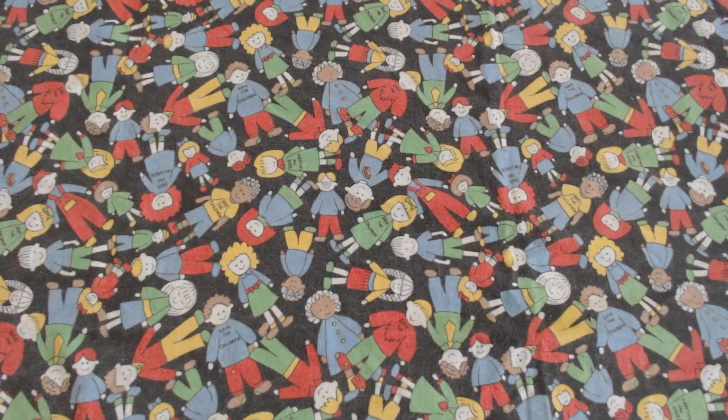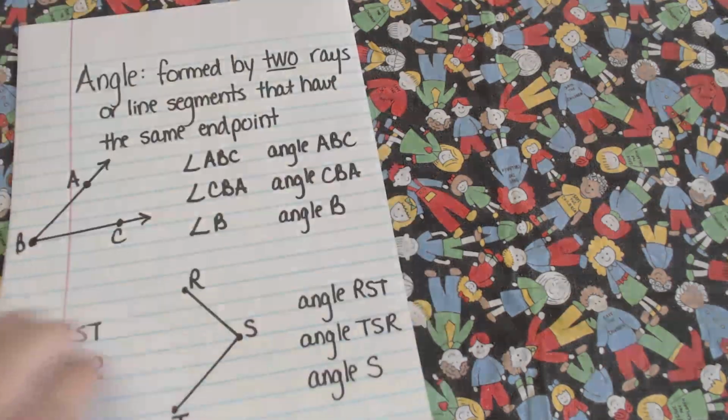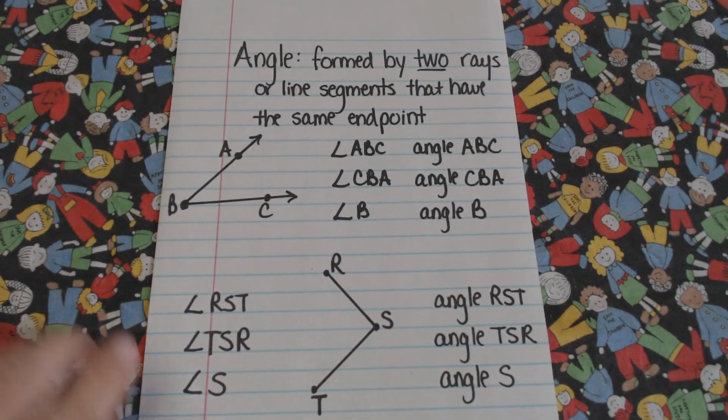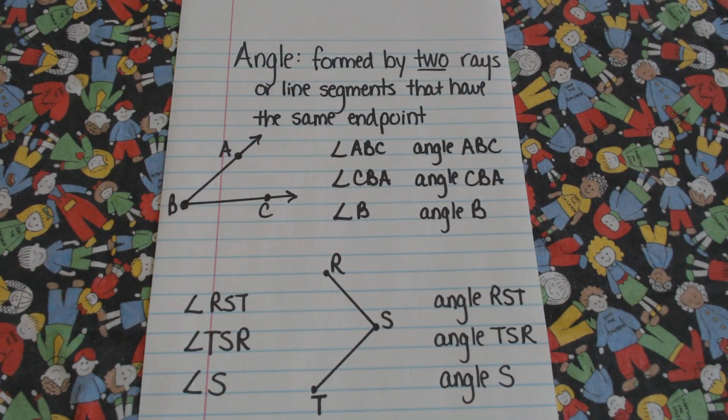So now that we've learned what rays are, we can now move on to something called angles. These are angles, not angels. It's important to make sure it's L-E, not E-L. An angle is formed by two rays or line segments that have the same endpoint.